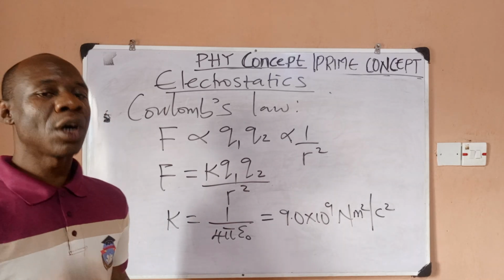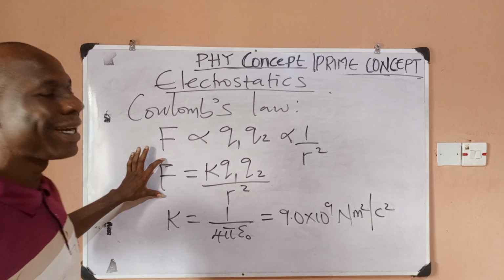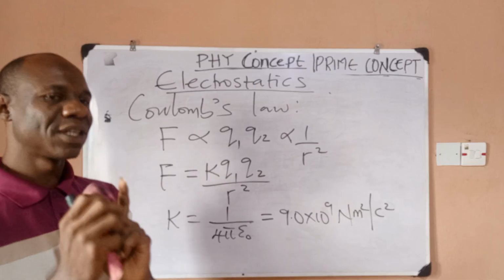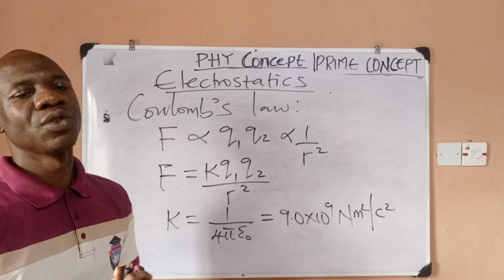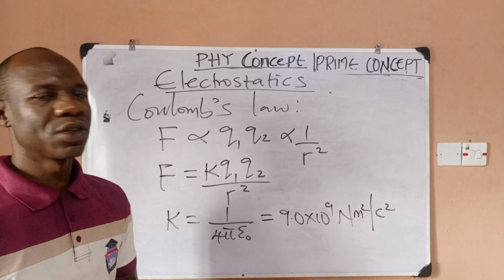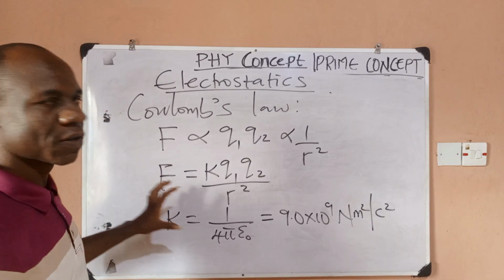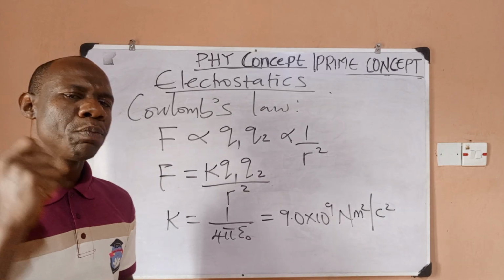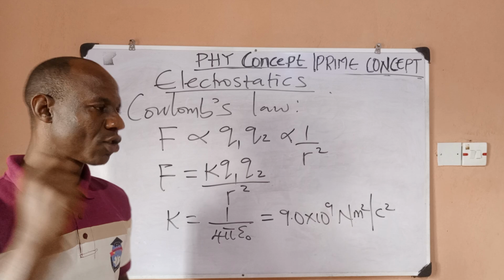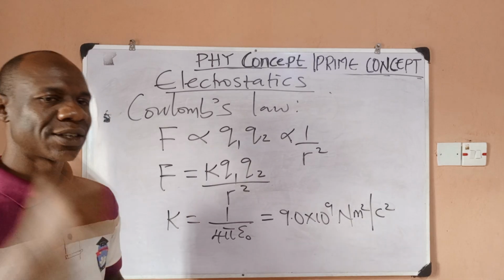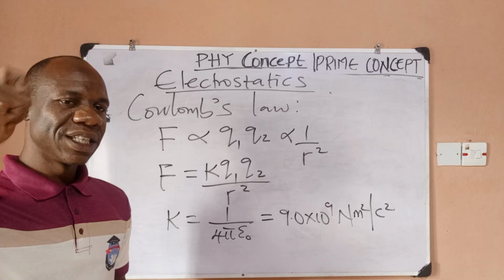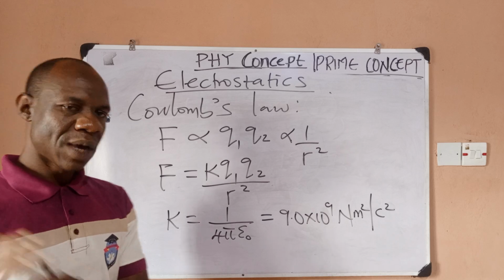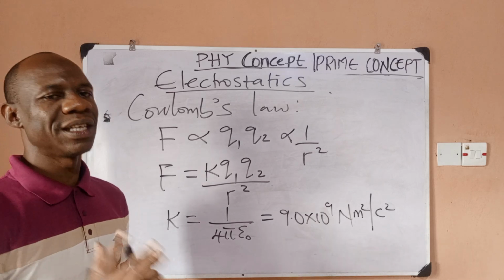Now, one thing you should also know is that the electric force and the gravitational force have one common relationship. And what is that common relationship? Electric force and gravitational force obey the inverse square law, while the nuclear force does not obey the inverse square law.